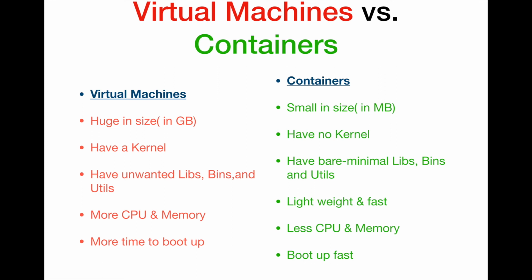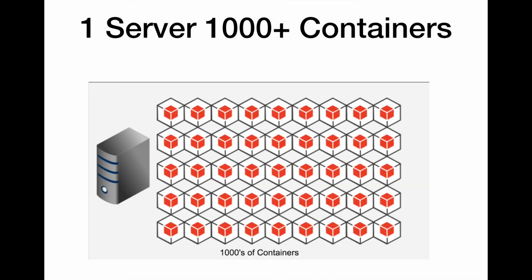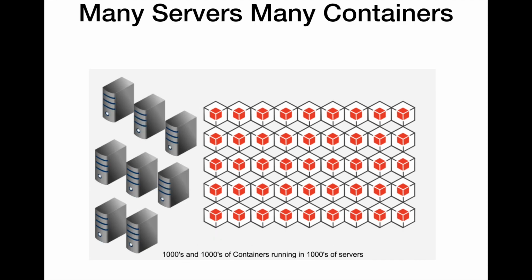Because containers are lightweight and fast, we could potentially run thousands of containers in a single server. And if you have a few hundred or few thousand servers in your private cloud, then you could potentially run thousands and thousands of containers between all these servers.